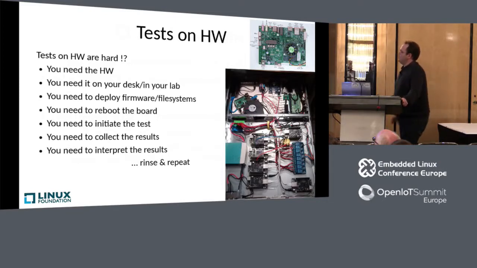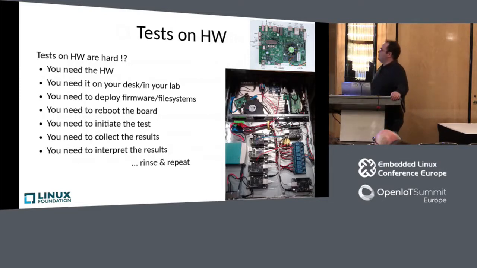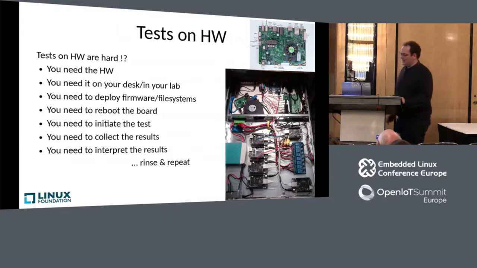Here you see an example that's set up with 6 Beagle Bones, actually. And they can all be powered. They get their file system over network. So that's how we can automate that in the end.